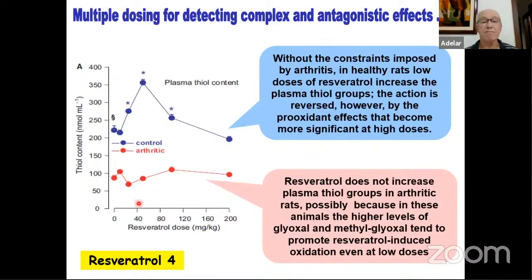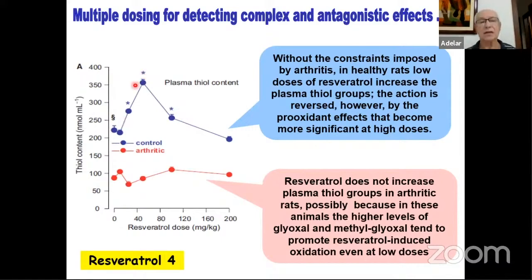Well, the various doses of resveratrol had no effect on the thiol group concentration in plasma. On the opposite, they had an increasing effect on the plasma thiol content in healthy rats.